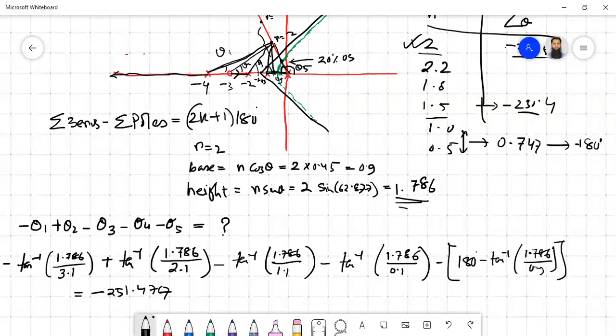So this can easily be done using a MATLAB program, and in the book actually they have done that, but for better understanding I actually calculated the whole thing and then figured it out.